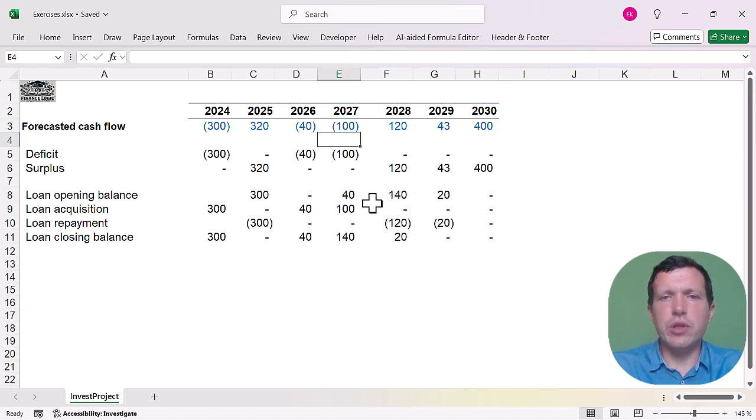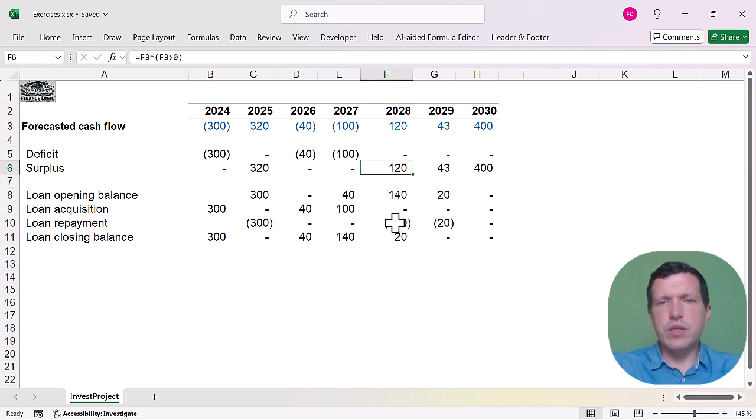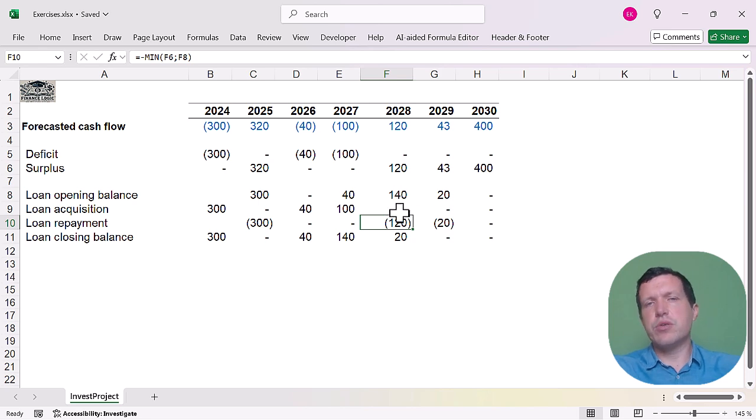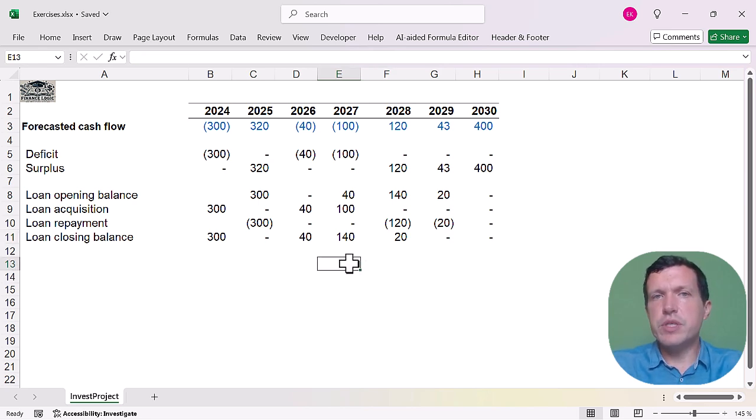Now let's see what we have. We have loan of 140 that we expect to take during previous 2 years. And when we have surplus of 120, we use all this surplus to pay back our loan, and our remaining balance of 20 is covered by next year cash surplus. So it seems like it works, and let me show you our final formulas.